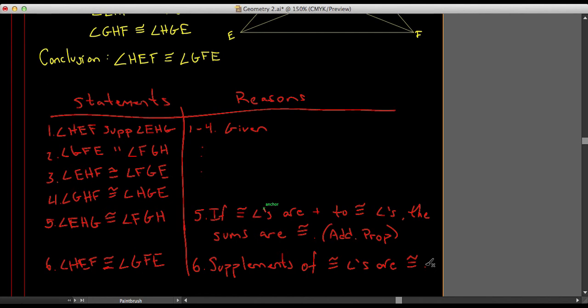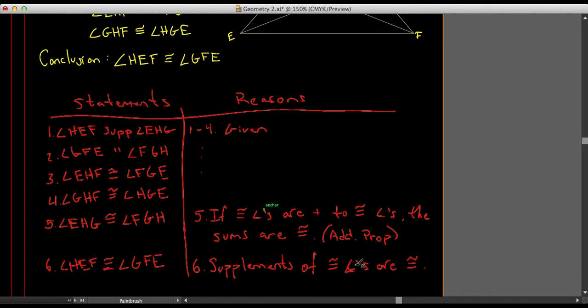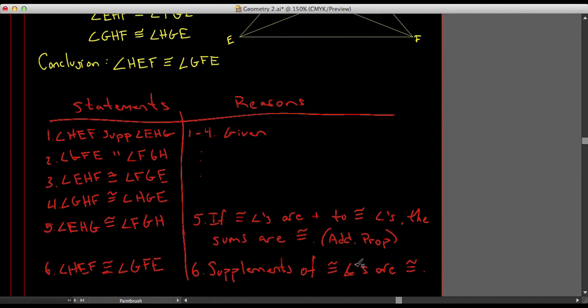And you can determine this on your own. Supplements of congruent angles are congruent. If you're taking two other angles and both of them are supplements to the first angles, then those two supplements must be congruent, because each is just going to be 180 minus whatever the congruent angles are. So I hope that makes sense.